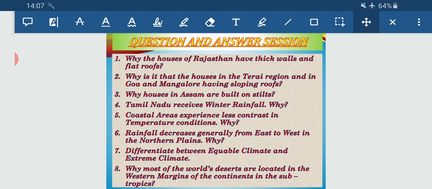Just now I explained why rainfall decreases from east to west. That will be the main concept for this answer too. As the winds approach from east to west, the moment they reach the western part, there is negligible moisture present in the winds, they become dry, so they cannot create any sort of precipitation, and thus a desert develops over there.